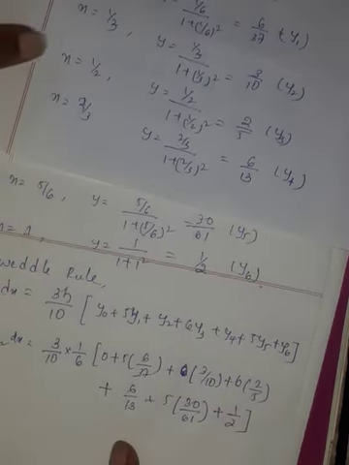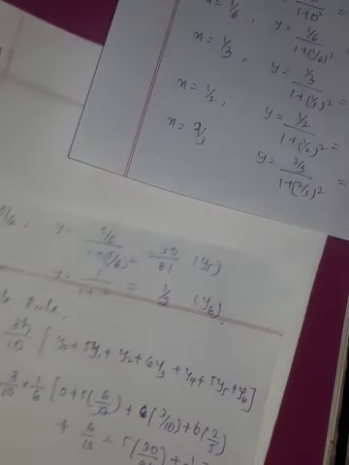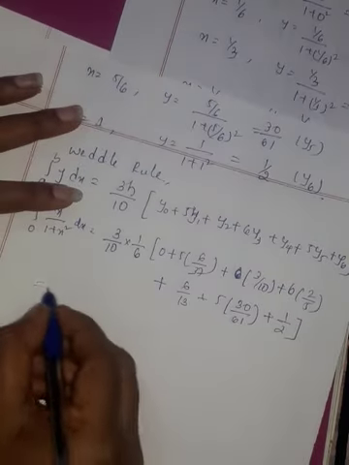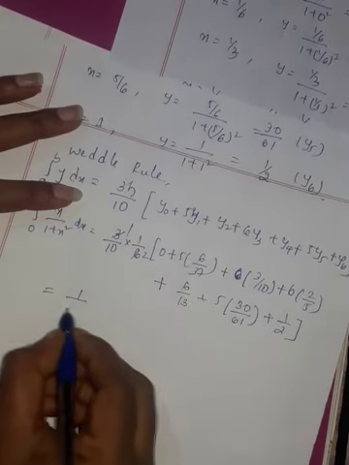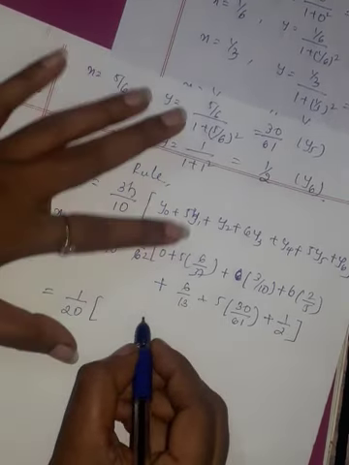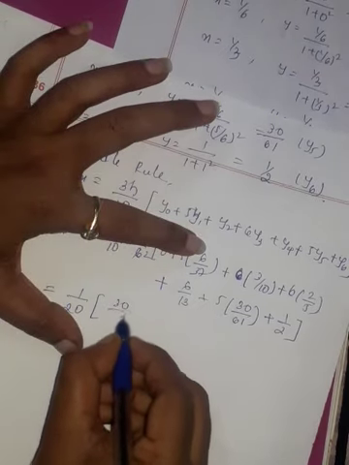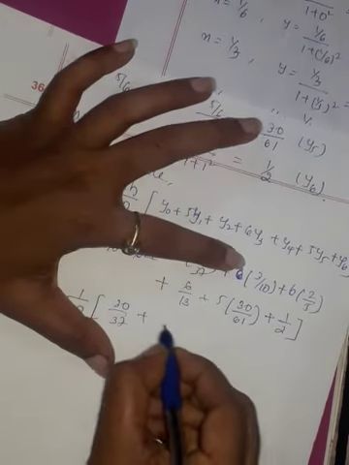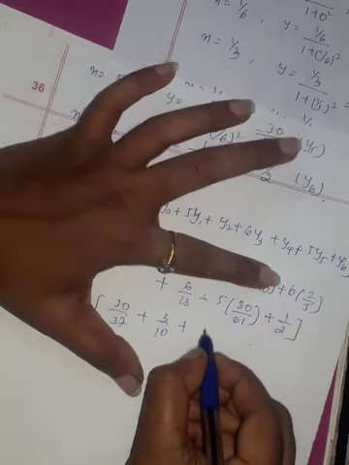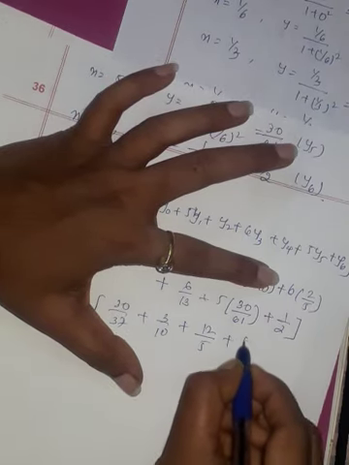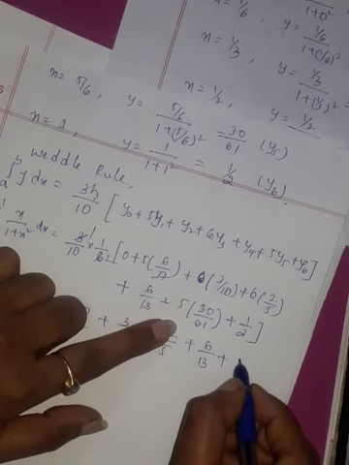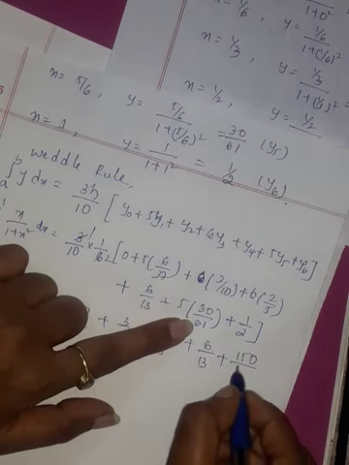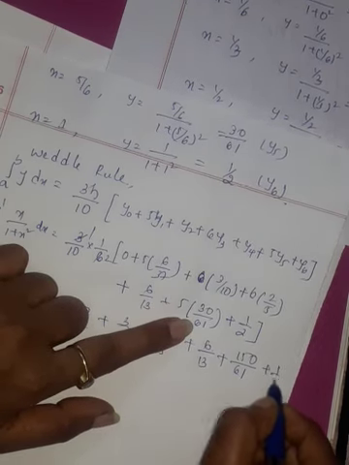Now simplify this one. We will get 3 1s are 3, 2s are 1 by 20, into 30 by 37 plus 3 by 10 plus 12 by 5 plus 6 by 13 plus 150 divided by 61 plus 1 by 2.